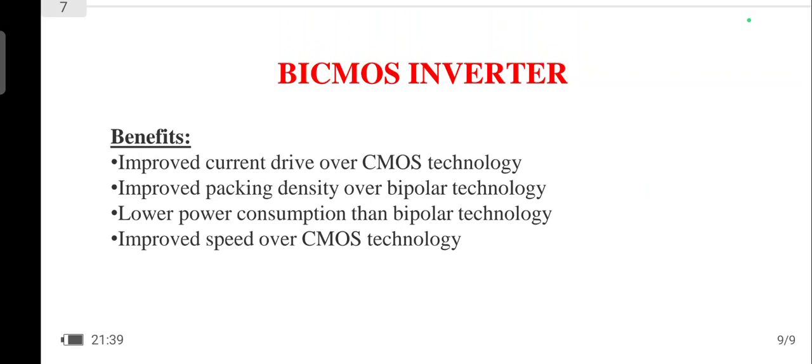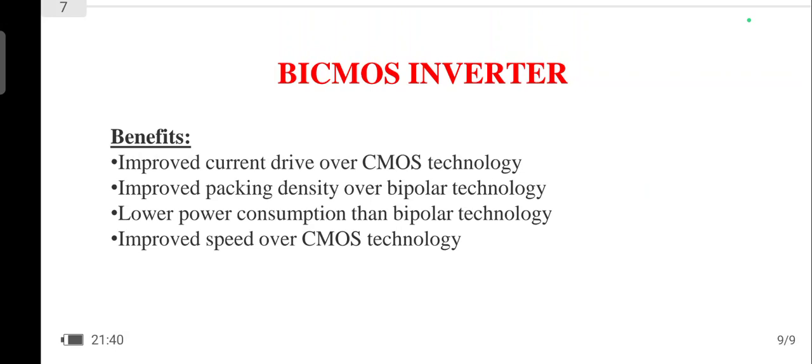We can also improve the packing density of the BiCMOS device with the help of CMOS technology, since it has borrowed the packing density advantage from CMOS. So we can pack many devices in a single IC.